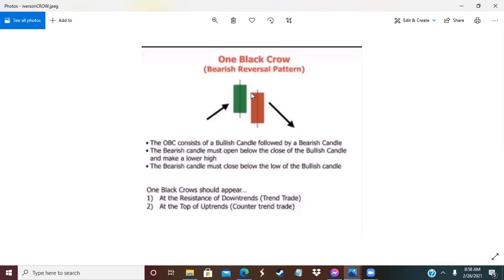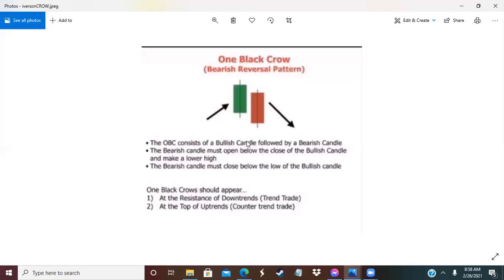So again, that bearish candle, that red candle, it's got to open below the close of the bullish candle, and it has to make a lower high. So that's happening. And the bearish candle must close below the low of the bullish candle.